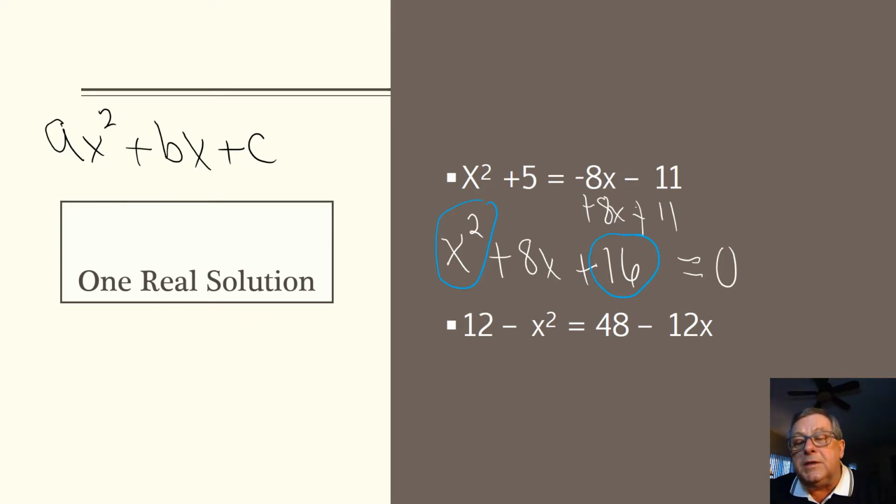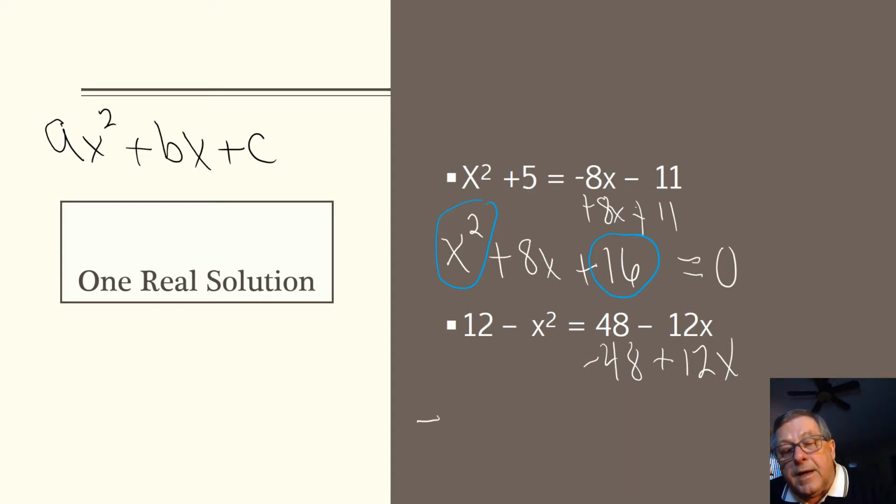Before we move to the graphing calculator, I've got a little bit more work to do in this case. Now I've got to subtract 48 from both sides and then add 12x to both sides. Oh, and then do some combining of like terms. I hope you can follow along; I'm not going to take it step by step.